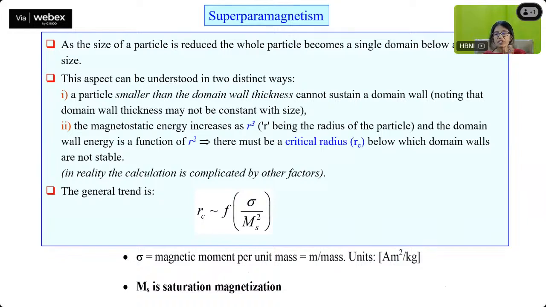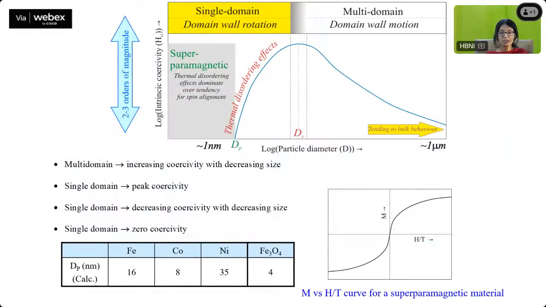So there is a particular critical radius below which domain walls are not stable. The general trend is that this critical radius, Rc, is a function of sigma by Ms squared, where Ms is the saturation magnetization and sigma is the magnetic moment per unit mass. This is how the critical radius depends on these factors.